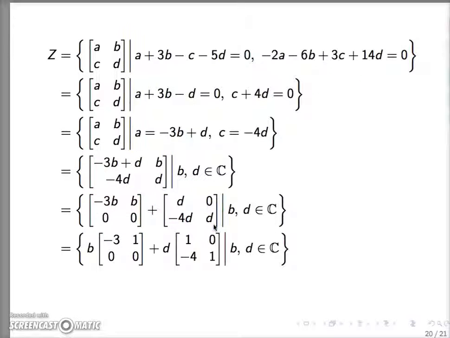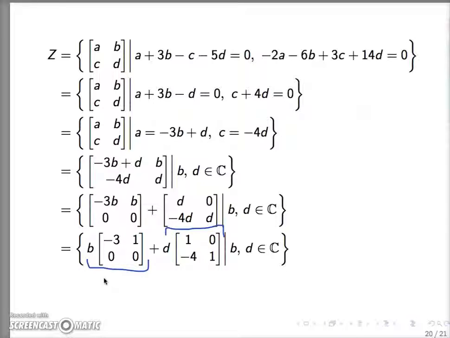So we can write that as a linear combination where each part is a scalar multiple. This is a scalar multiple B of this matrix, and this one is a scalar multiple D of this other matrix.